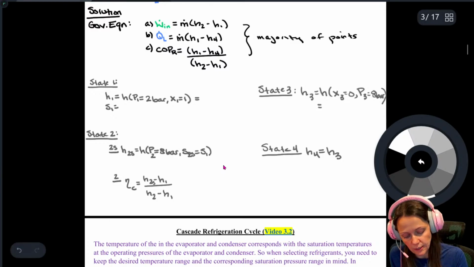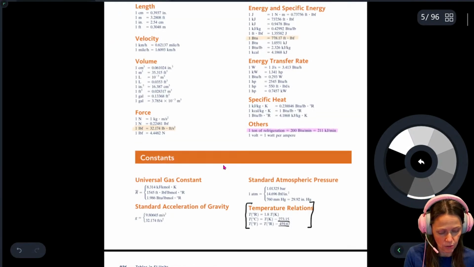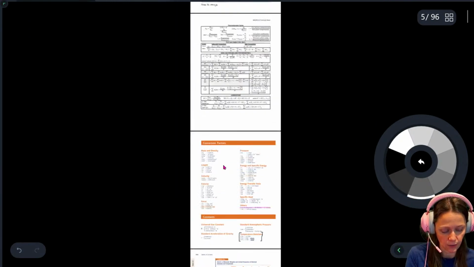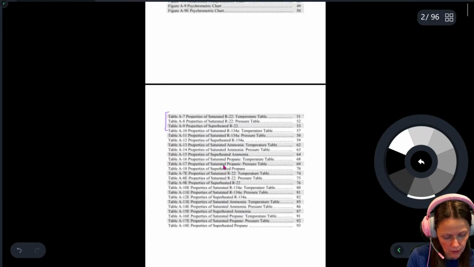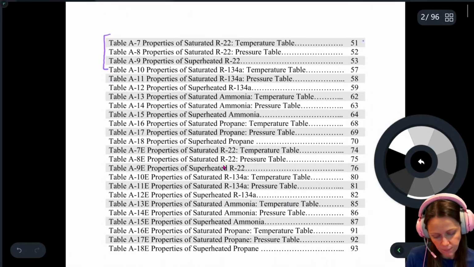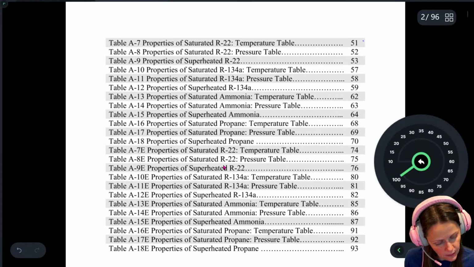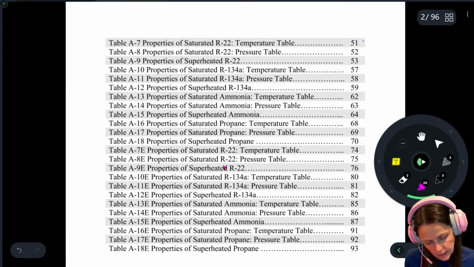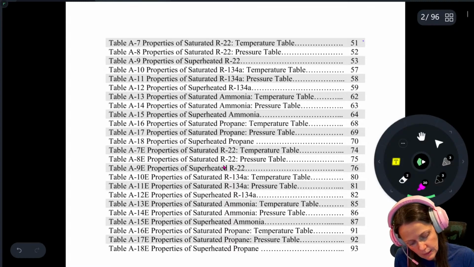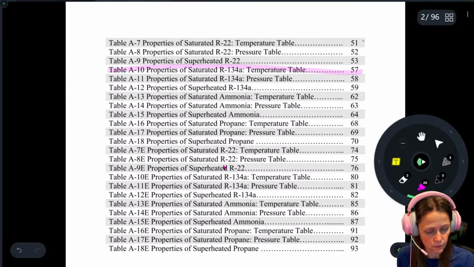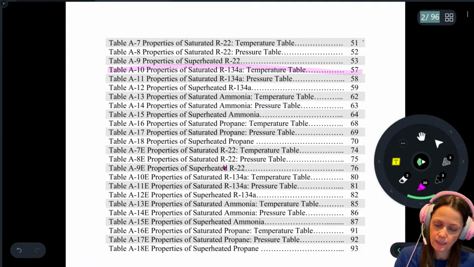So state one, we need to look in the table for R134a. So let's see. It's like that one, this one. So yeah, these guys, 57, 58, 59.